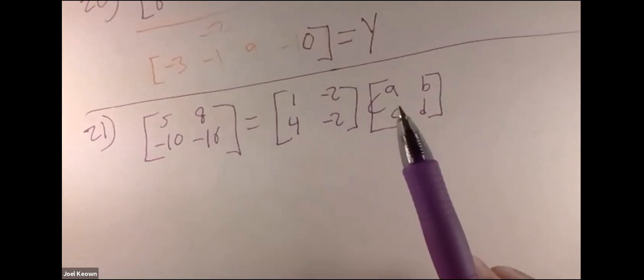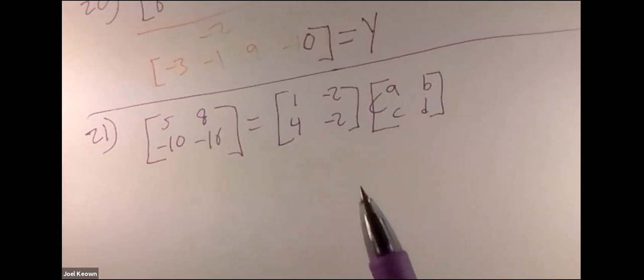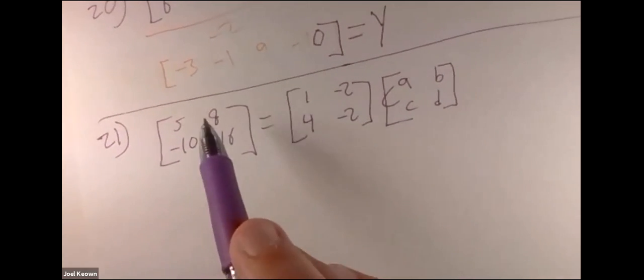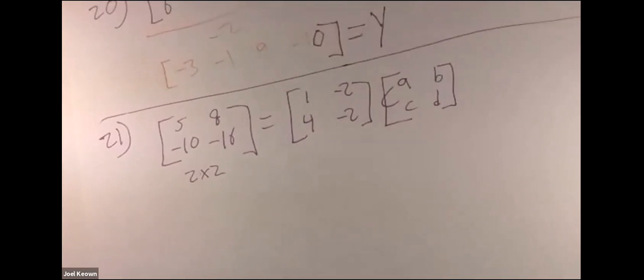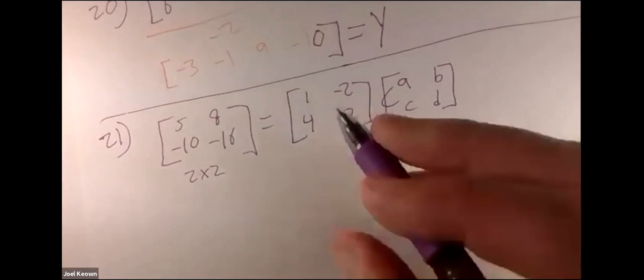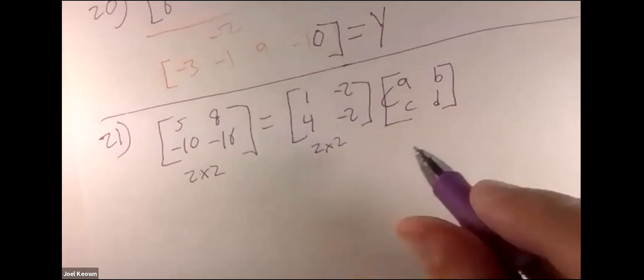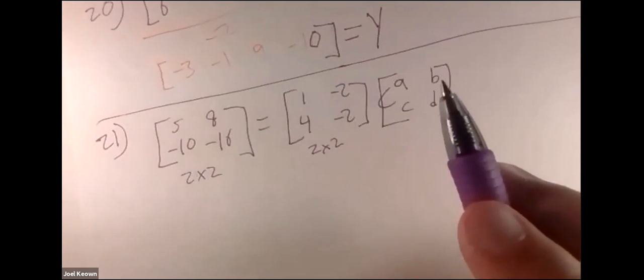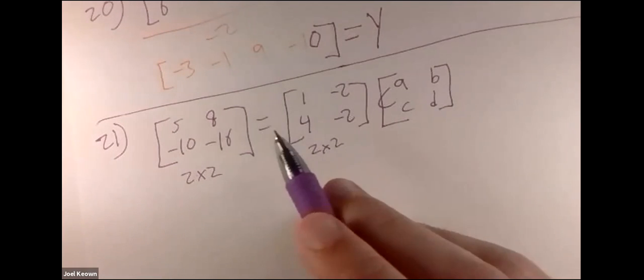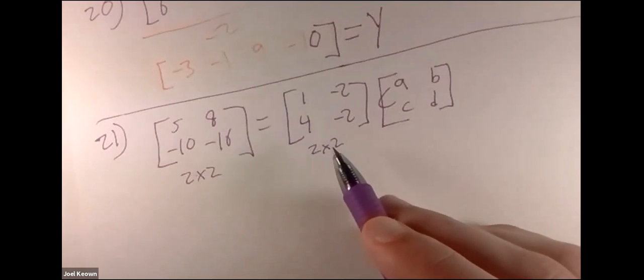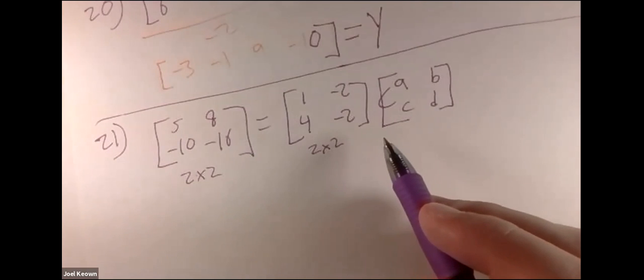And I guess I jumped ahead a little bit. I should have said that this matrix right here is a 2 by 2. This matrix here is also a 2 by 2. And then I should have asked you, what are the dimensions of C? Well, I know that it can multiply, so this number and the first number here have to match.